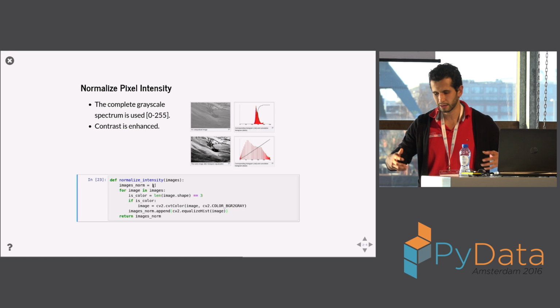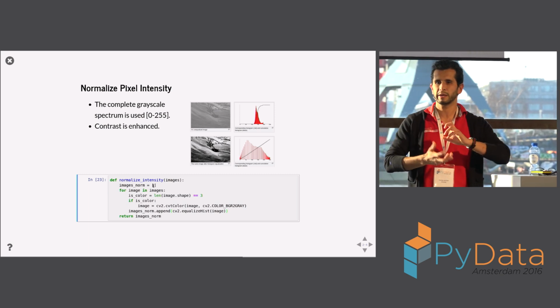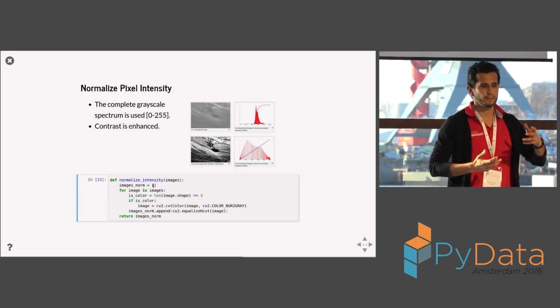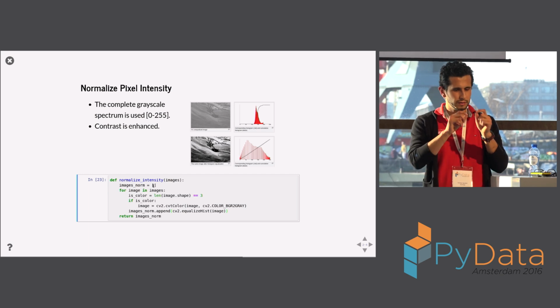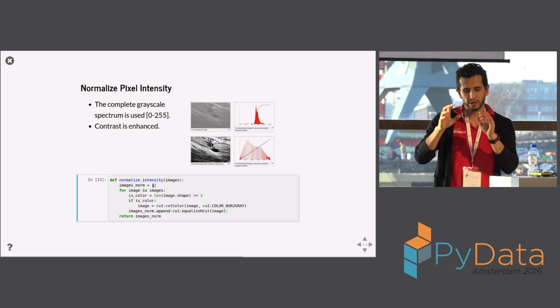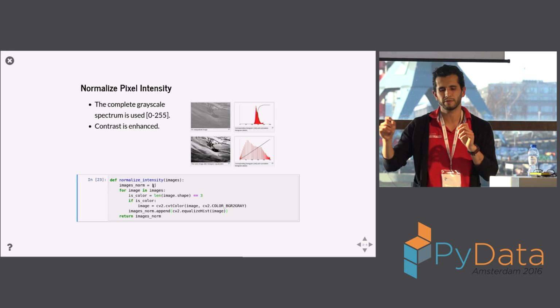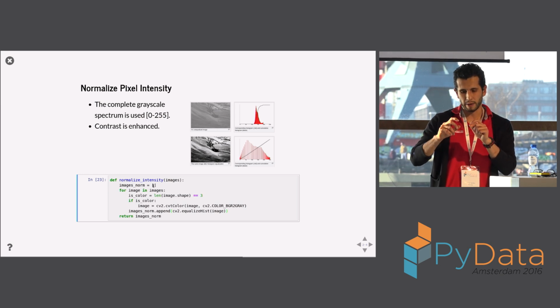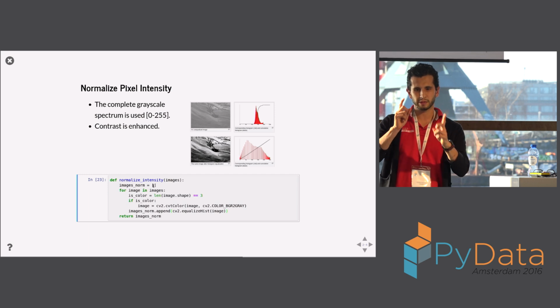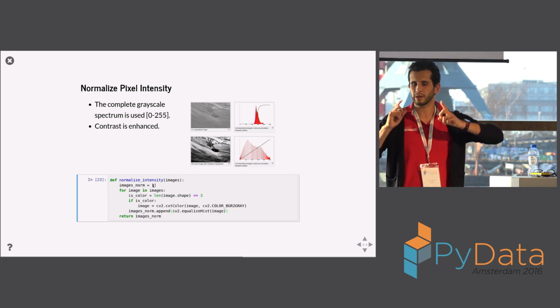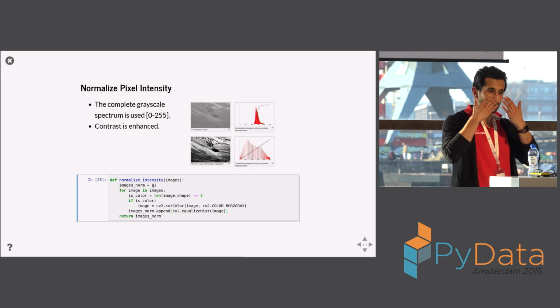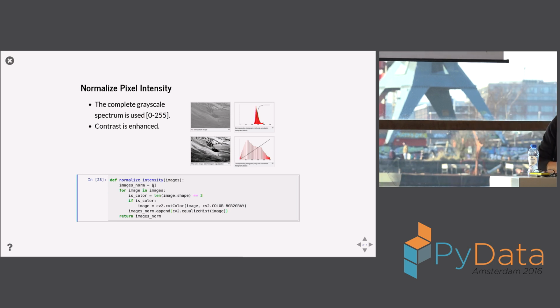By doing that, the contrast of your picture will increase, of course. Imagine there's a difference between 2 pixels, but it's within a certain range of the whole 0 to 255. By extending it, the difference between those 2 pixels will increase. So that will increase your contrast, and that will make the features of your face much better.